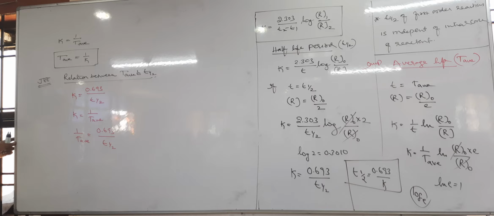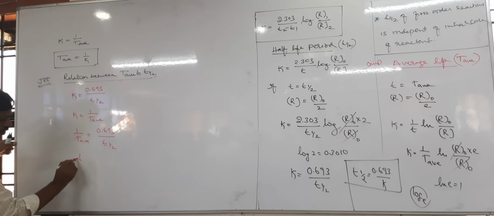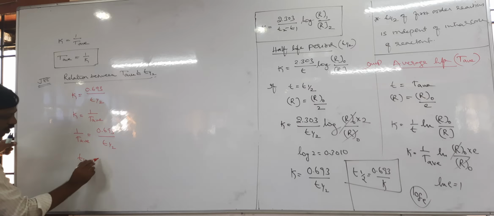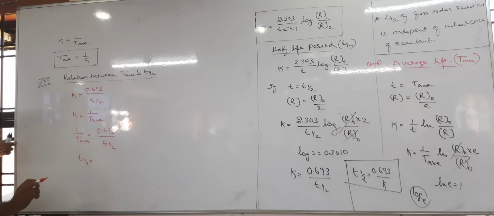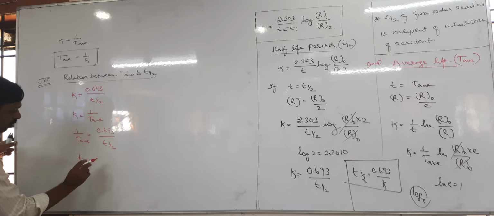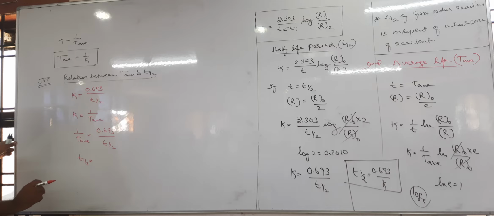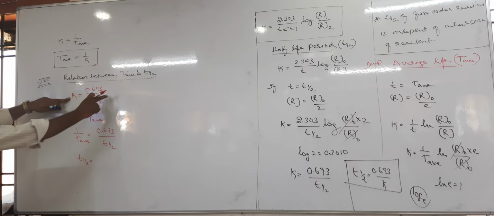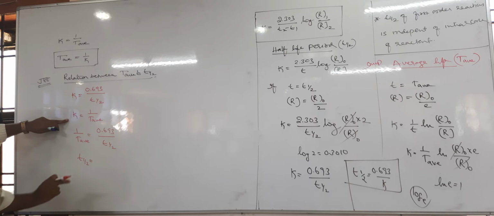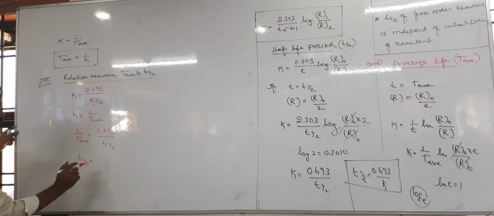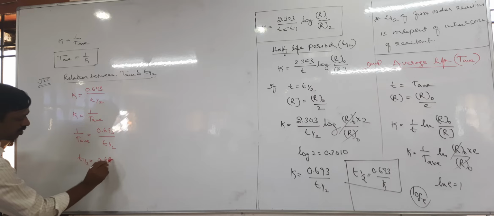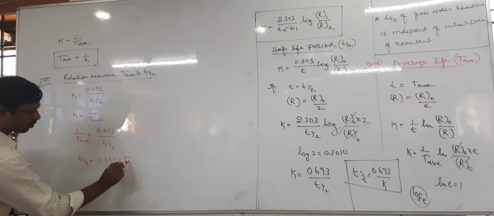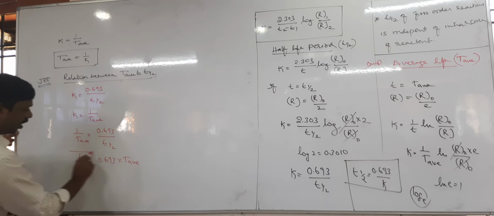But we want the relation between T half and T average. So T half equals 0.693 into T average.